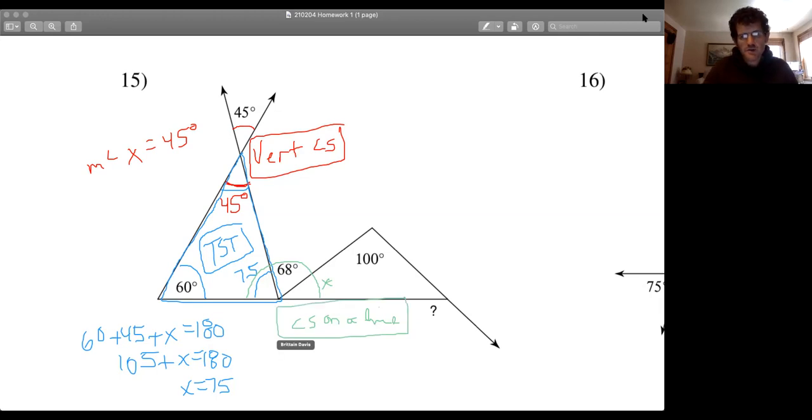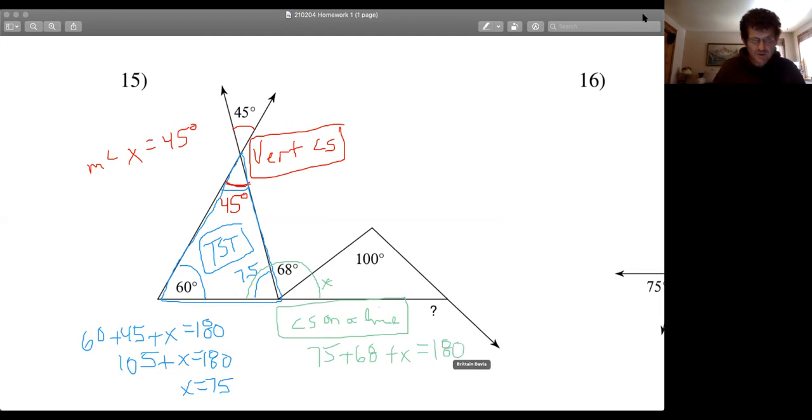And again, you might not notice it immediately. You might have to sit there for a little bit, go back to your reference sheet, look at all the different possibilities, and then you kind of say, no, it's not vertical angles, it's not alternate interior, you just keep ruling everything out until you finally look at it and say, oh, you know what? That looks like angles on a line, perhaps. So now angles on a line tells me that these three angles, 75 plus 68 plus x, have to add up to that line, which is 180 degrees.